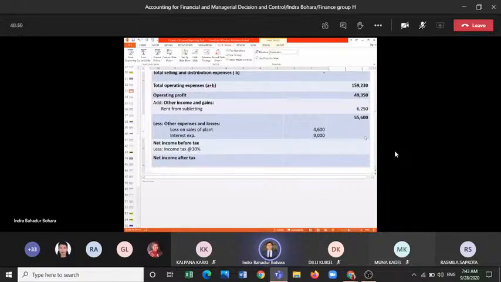If you haven't written here 55,600 total value, at that time you need to write the bracket. When you have taken the sum, you can deduct from that sum. So we have already written less 13,600. So the net income before tax is 42,000.